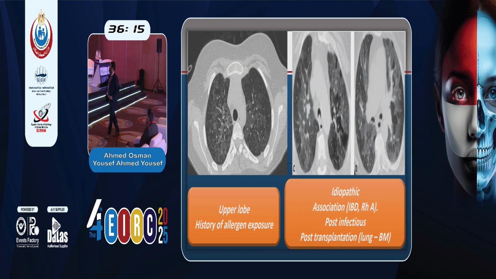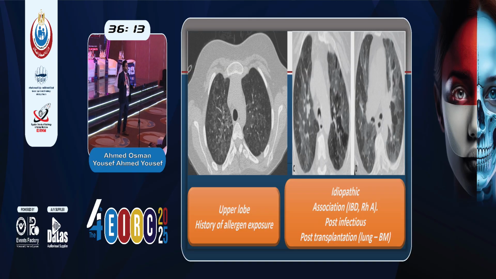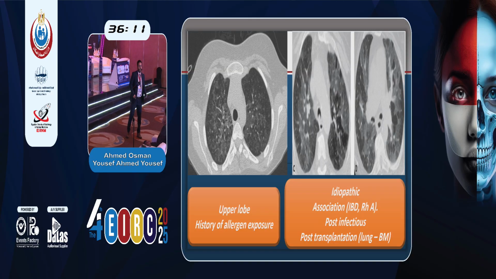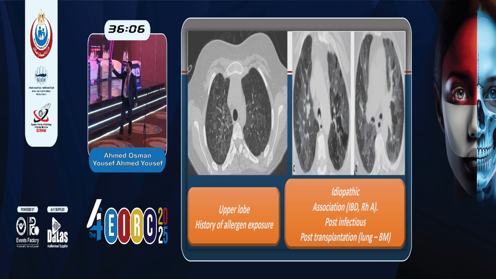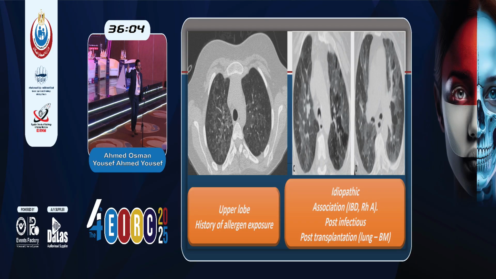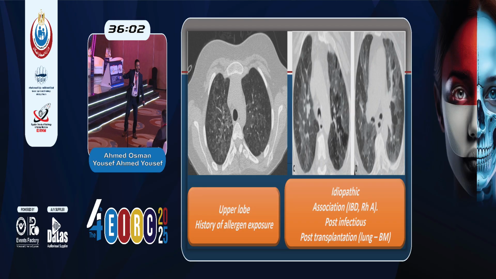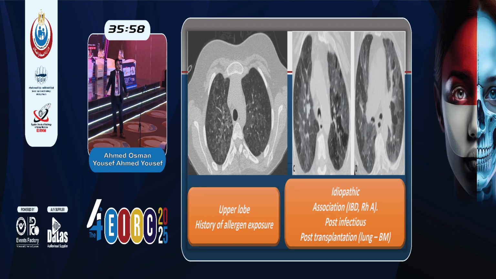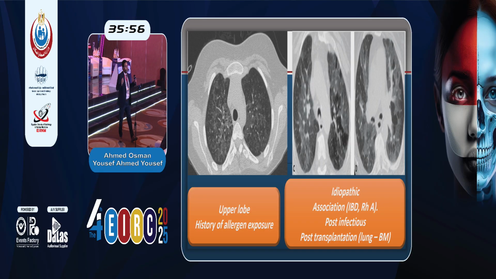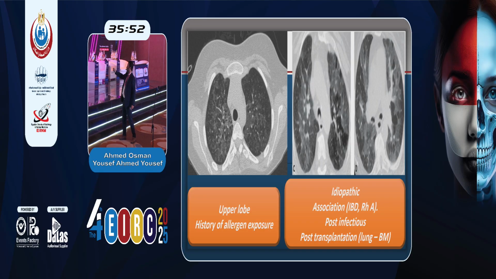If they are equal in caliber between the areas of ground glassing and the areas of air trapping, we are dealing with either hypersensitivity pneumonitis if there is upper lobar predominance, and if there is lower lobar predominance, we are dealing with small airway disease or bronchiolitis obliterans, as an interstitial lung disease, idiopathic, or even post-infectious.